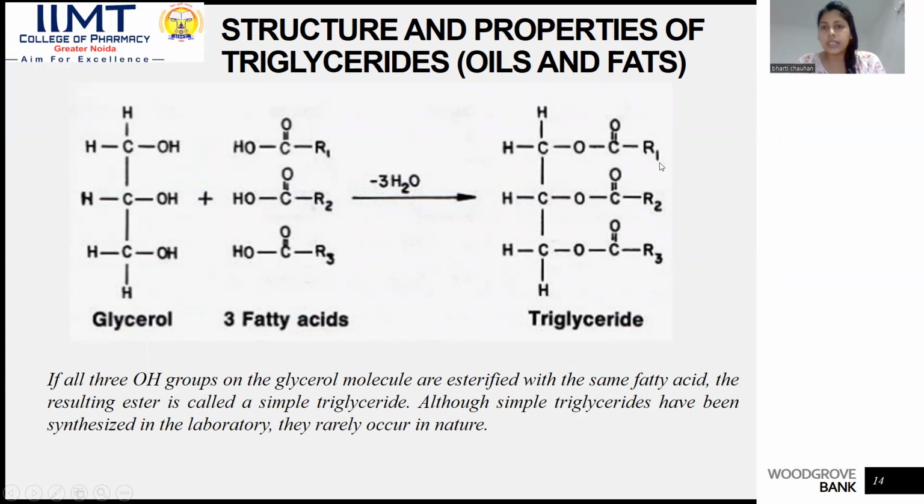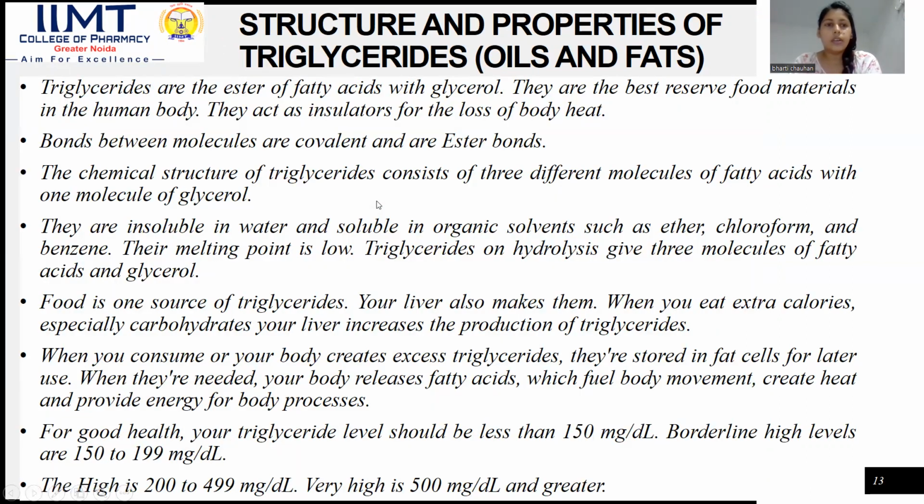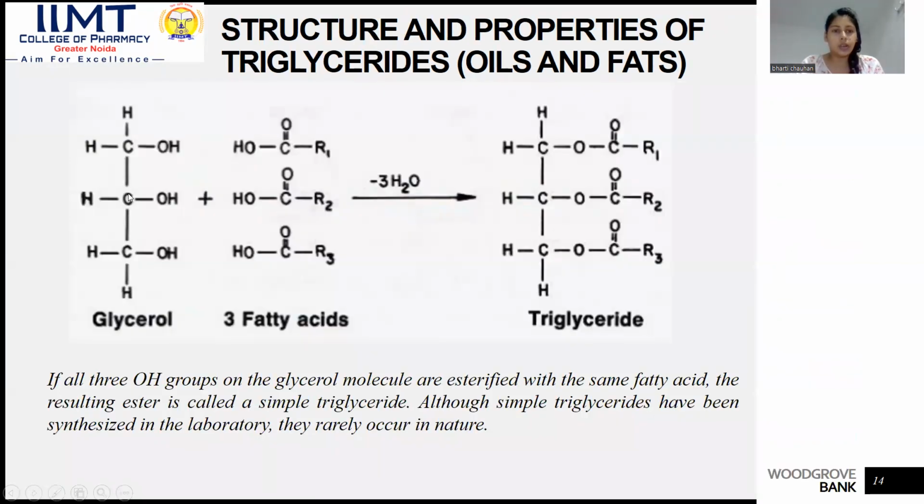Okay, as you can see, this is an ester. So, the chemical structure of triglyceride consists of 3 different molecules of fatty acid and 1 molecule of glycerol. These 3 fatty acids with addition of 1 glycerol form triglyceride.